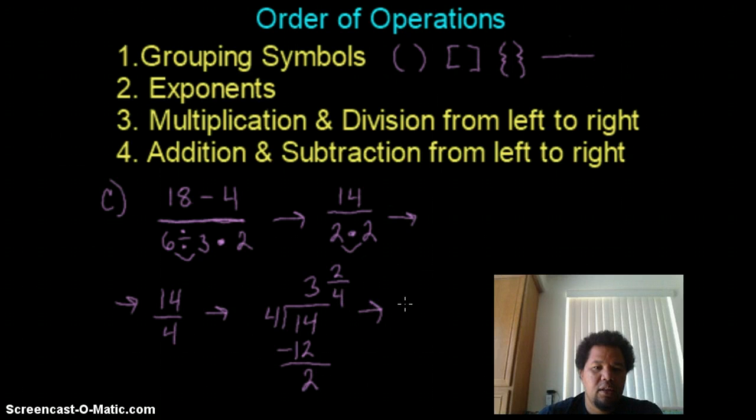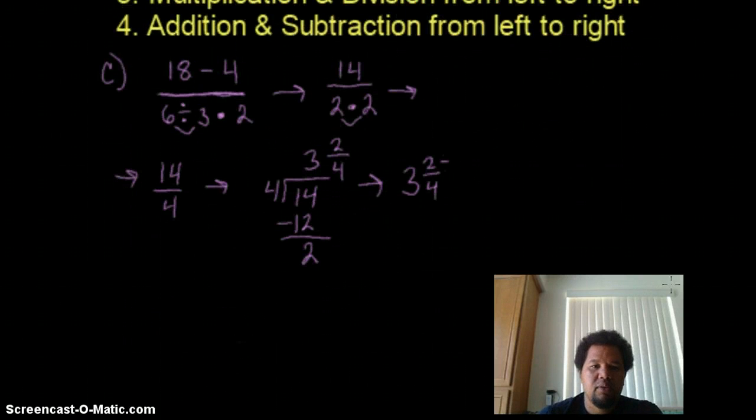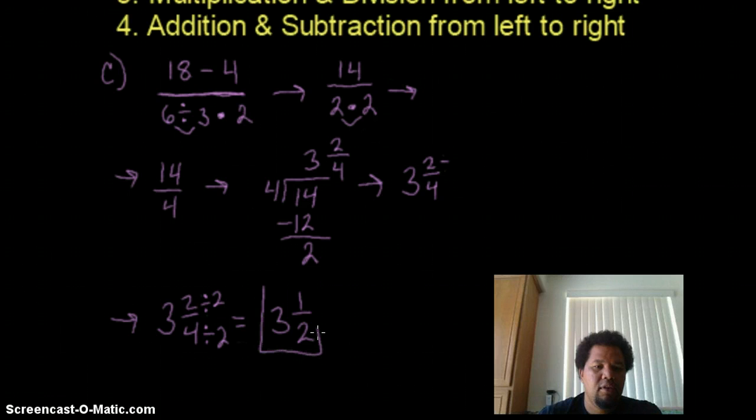So we get 3 and 2/4, which can reduce by a factor of 2. Let me move down a little bit to give me some space. We take that 3 and 2/4, divide by 2 on the top and divide by 2 on the bottom, and that gets me 3 and 1/2. So there are my 3 examples of using order of operations. All right.